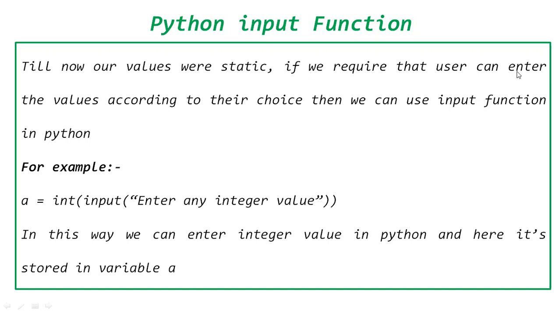If we require that the user can enter the value according to their choice, then we can use the input function in Python. For example, suppose I write a equals int input, then enter any integer value. It means I can enter an integer value, which is stored inside the variable a. In this way, we can enter an integer value in Python and here it's stored in variable a.